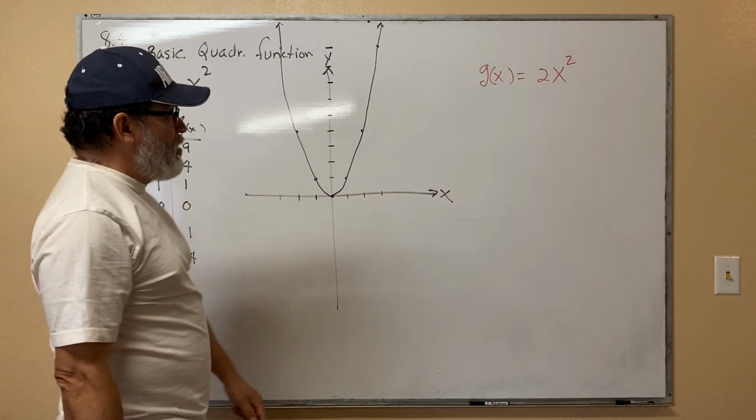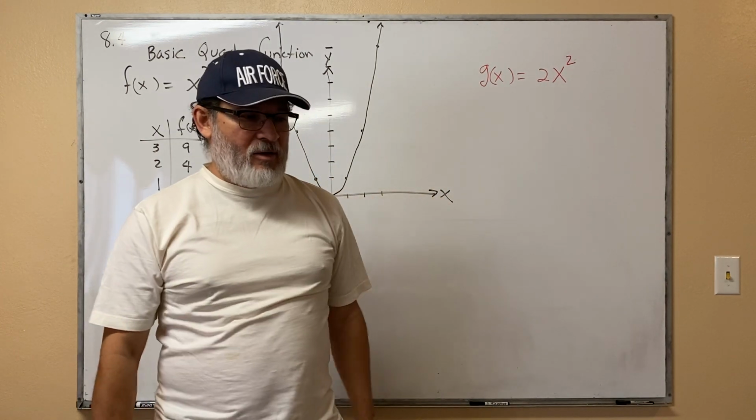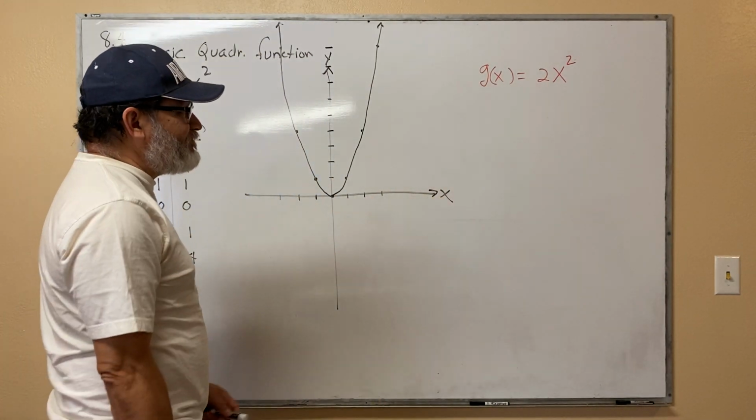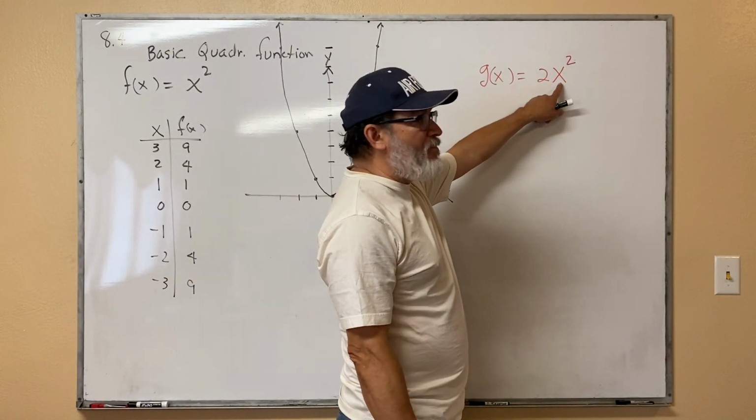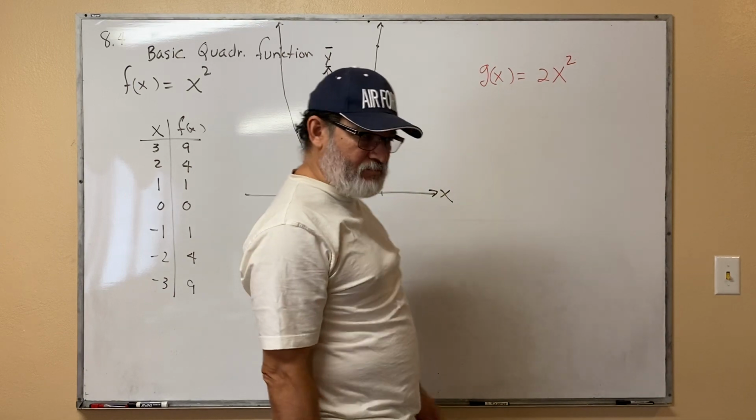What's going to be the behavior of this parabola? Well, this is the basic parabola, x squared, multiplied times 2.